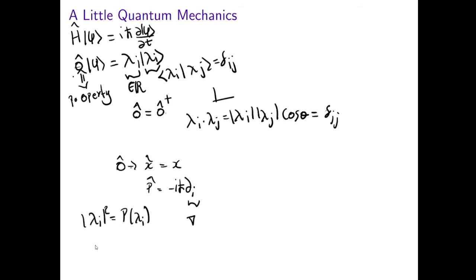Due to this, we want all our absolute squared sums to be equal to 1. This is called normalization, and it is said to be normalized if it all adds up to 1, because when we're speaking about probabilities, we definitely want things to add up to 1, otherwise it makes no sense.